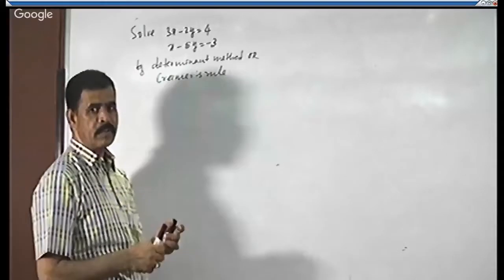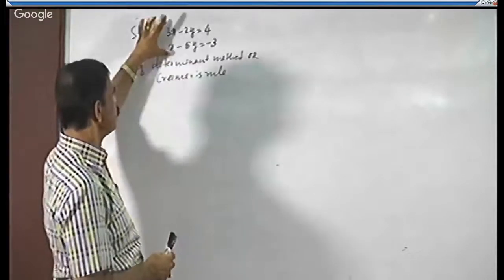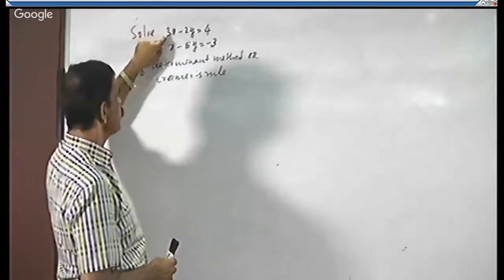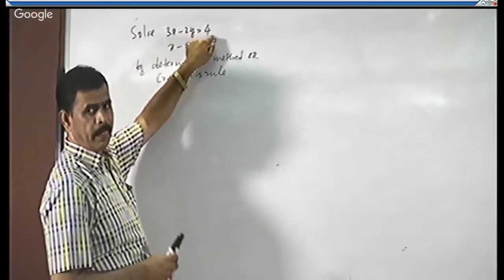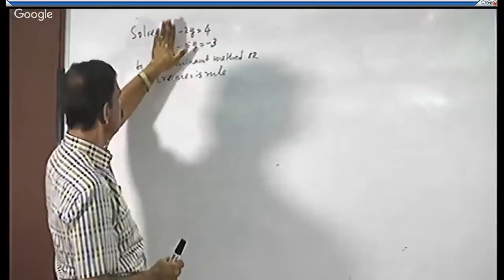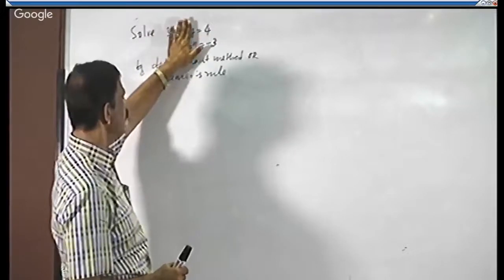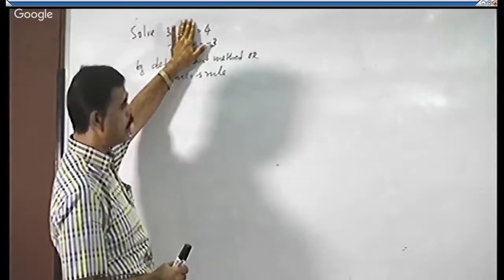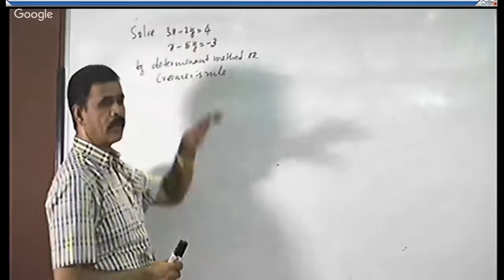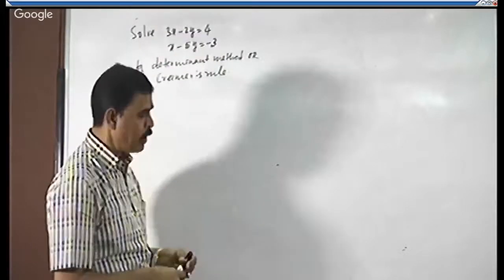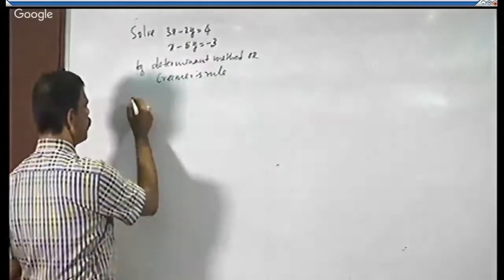So the equations are simultaneous and linear. First, observe whether they are in standard form or not. They are in standard form, right? The first term is x, then plus or minus y term, is equal to constant. Both the equations are in standard form only. Then we can write deltas directly.